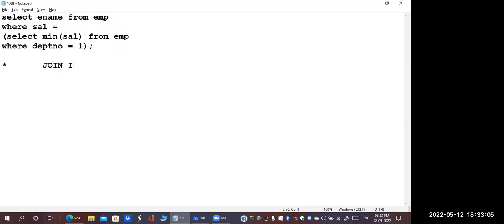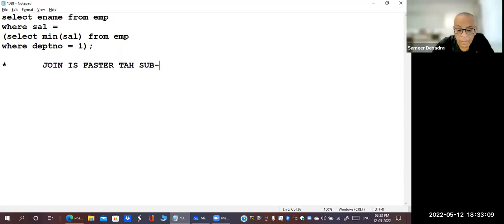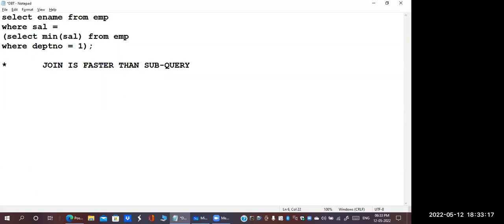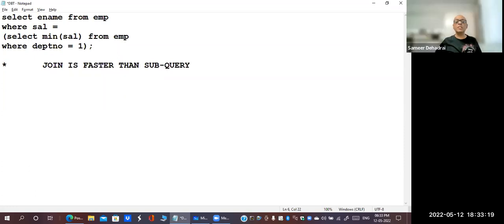Join is faster than subquery. Why? Because when I write a join, you solve the problem using one select. When you solve the problem using subquery, you require 2 or more selects. And the more the number of select statements, the slower it will be.